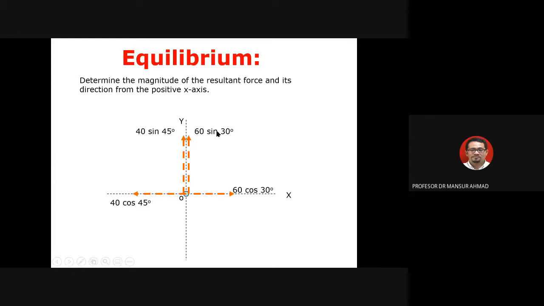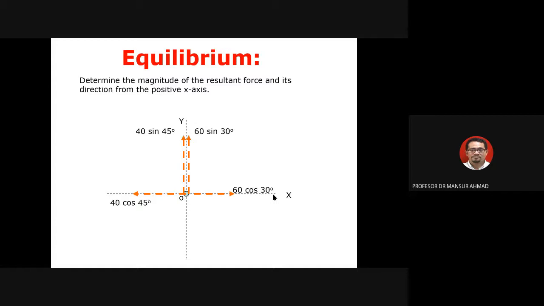Correct. 60 sine 30 or 60 cosine 60. Got it? 60 sine 30 or 60 cosine 60. The answer is the same. Okay, and then this is our result on x direction. 60 cosine 30 or can you tell me? 60 sine 60. 60 sine 60, okay. That's correct.